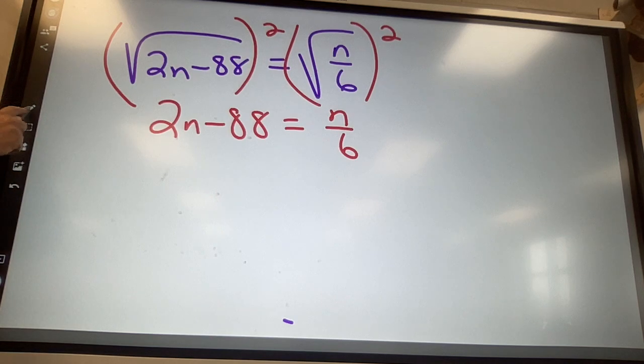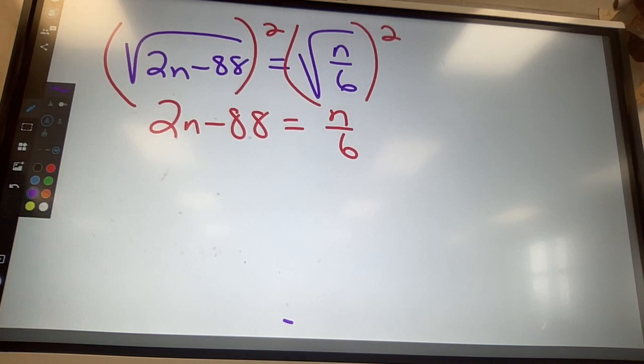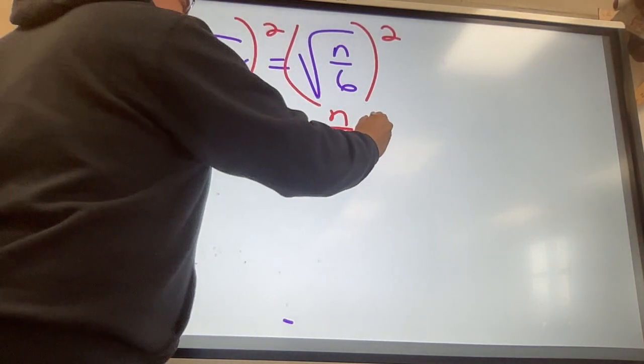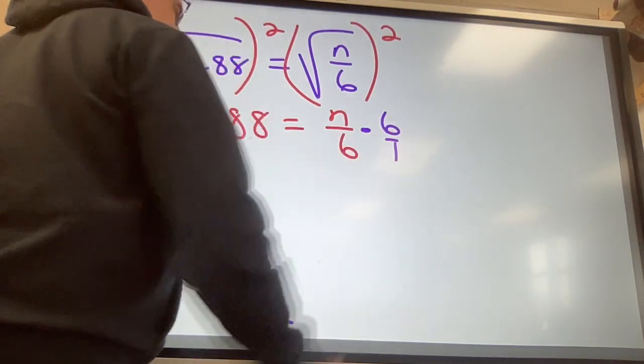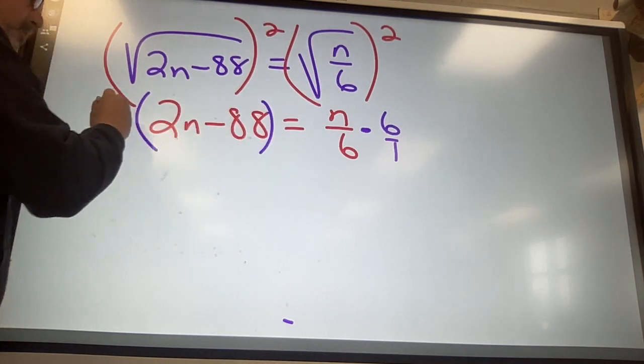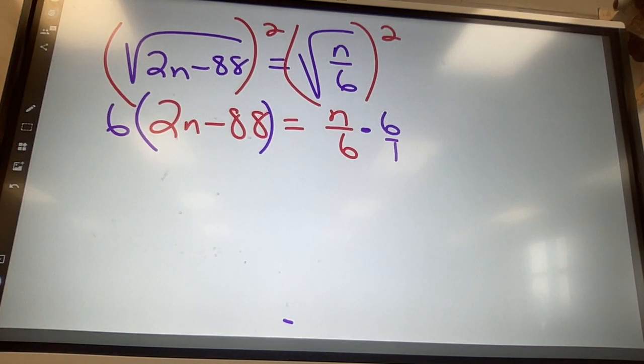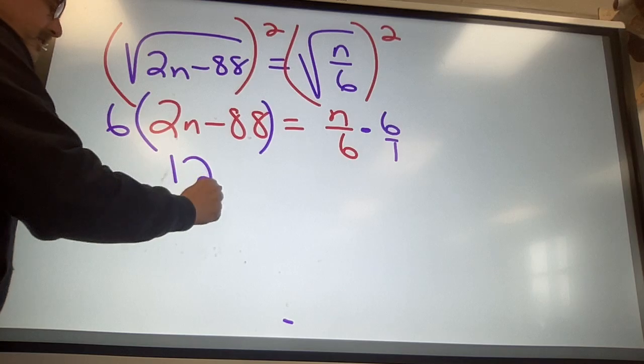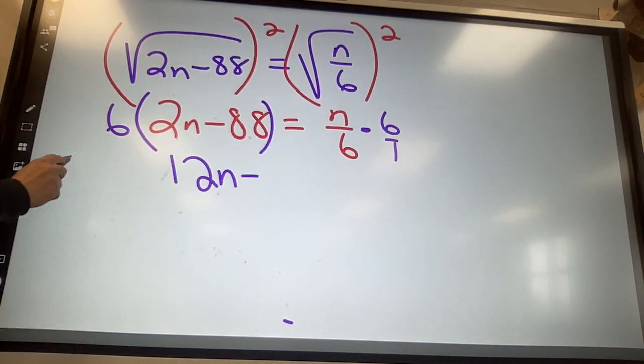I don't really enjoy those fractions, so I'm going to multiply this by 6 over 1. That's going to get rid of the fraction. I have to multiply this side by 6 over 1, and I have to put it in parentheses because the entire thing needs to be multiplied by 6. 6 times this, 12n. 6 times 88.